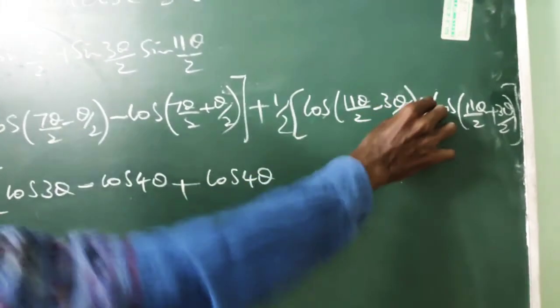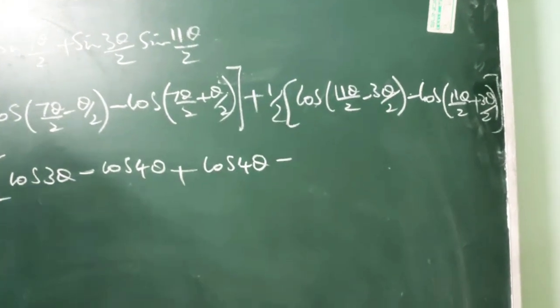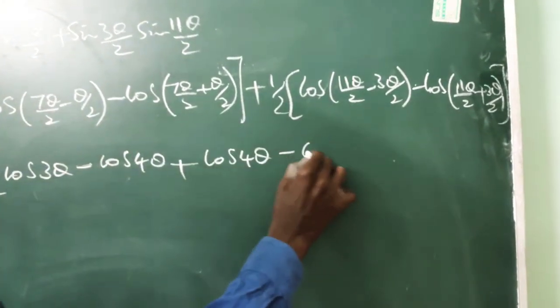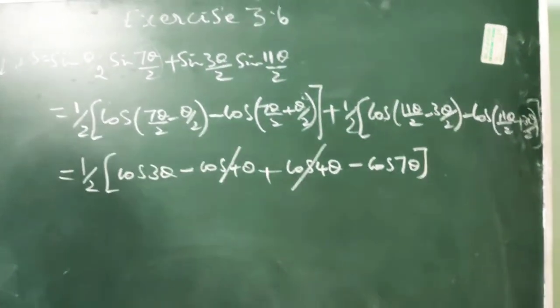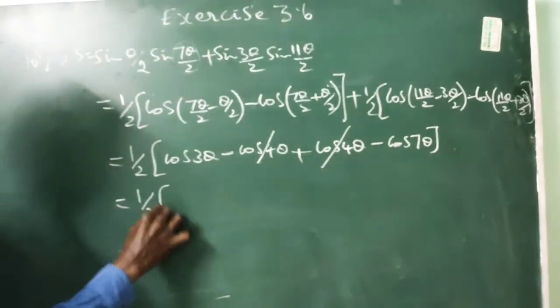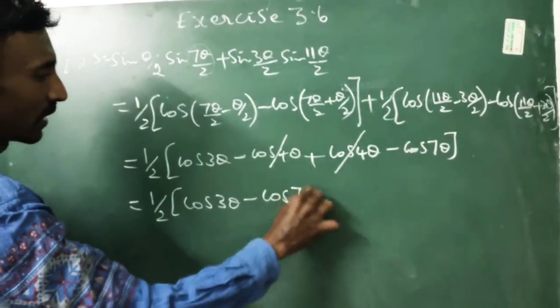Here minus, 11 plus 3 is 14, 14 by 2 is cos 7 theta. So plus and minus cos 4 theta cancel. So 1 by 2 [cos 3 theta minus cos 7 theta].